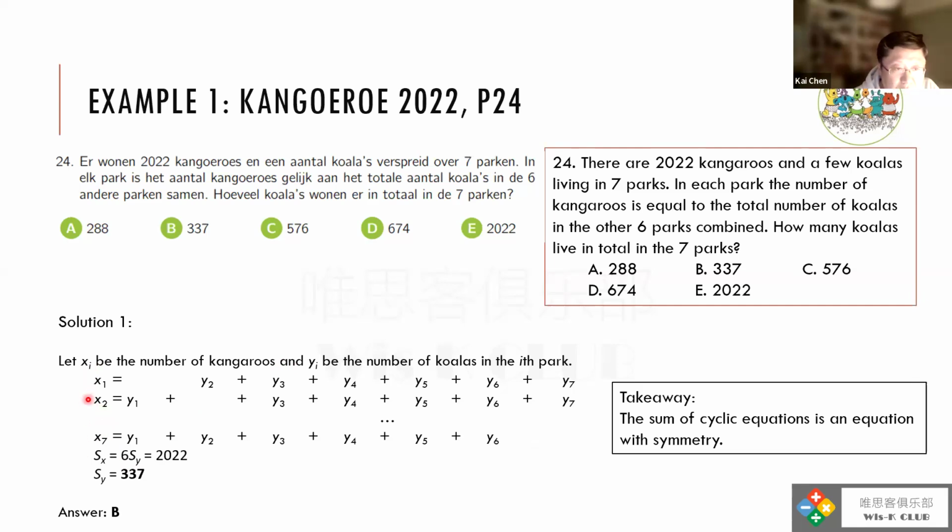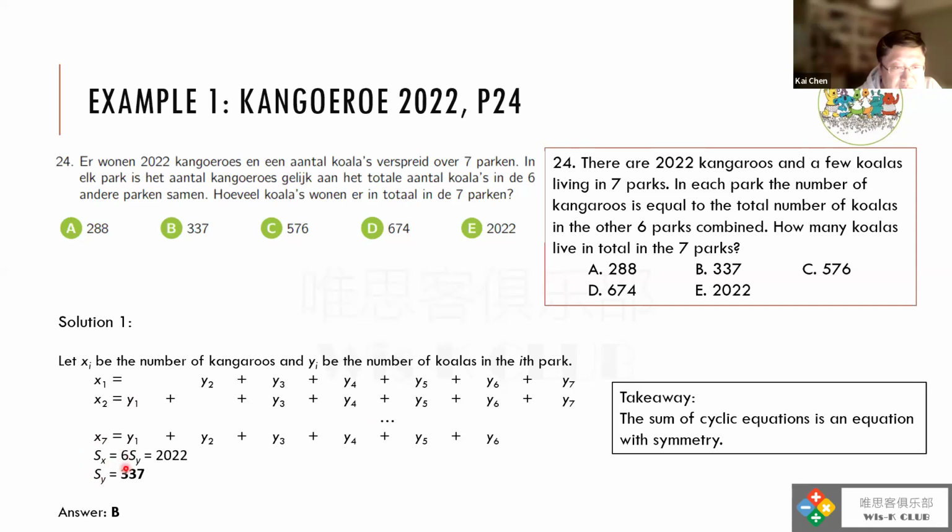If we add all the 7 equations up, where Sx is the sum of the kangaroos, each of y1, y2, y3 till y7 appears 6 times, not 7 times, because for their own park, there's one missing.